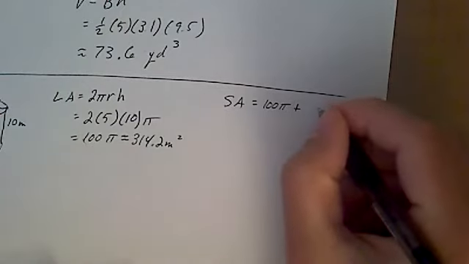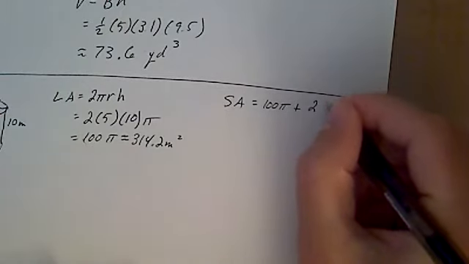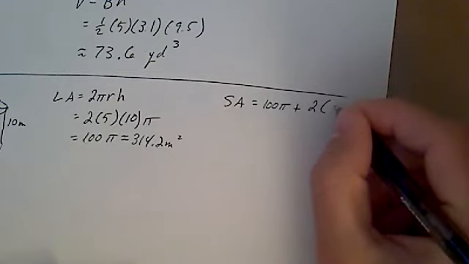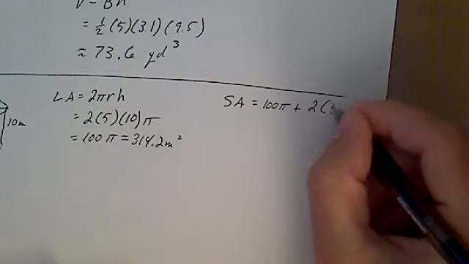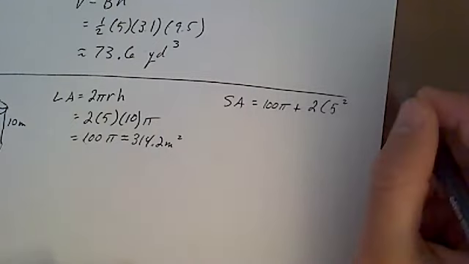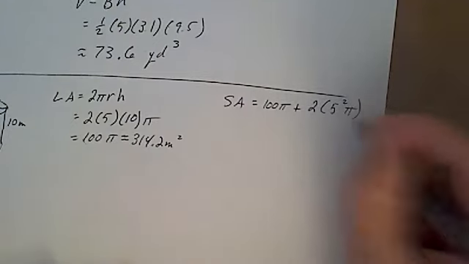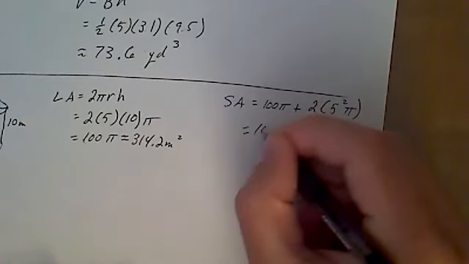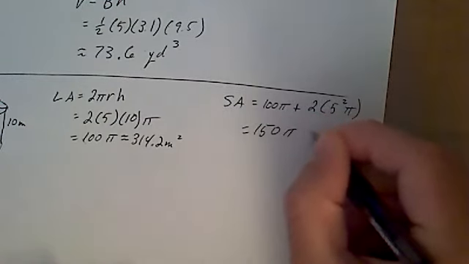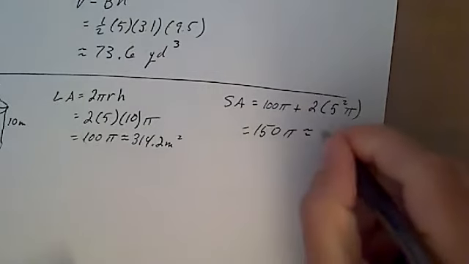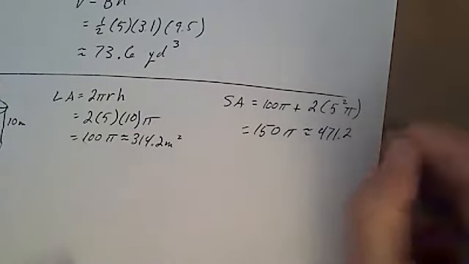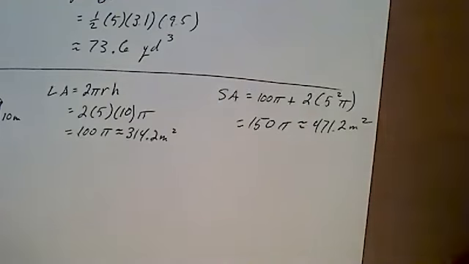And then we're going to add our 2 bases of pi r squared, right? That's 5 squared pi, which is 50. Get 150 pi. 150 pi is about 471.2. Again, that'd be in meters squared.